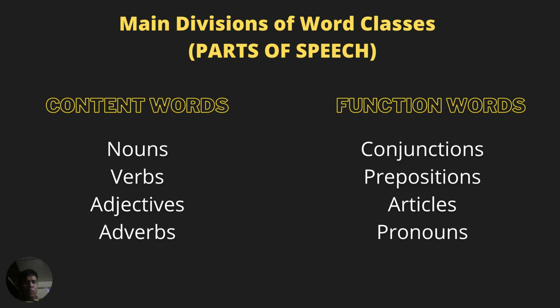They are free to be attached. But the function words cannot derive a new class of words. Even though they are lexical, they cannot be attached by other morphemes anymore.